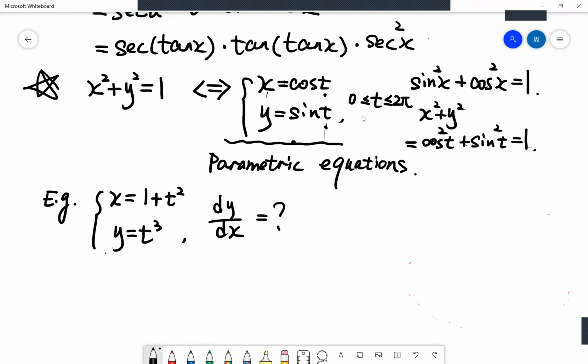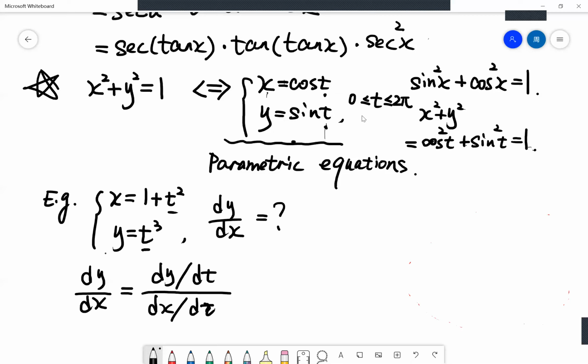If I want to find dy by dx, and y is a function of t and x is also a function of t, we can divide by dt both up and down. So we have dy by dt over dx by dt.